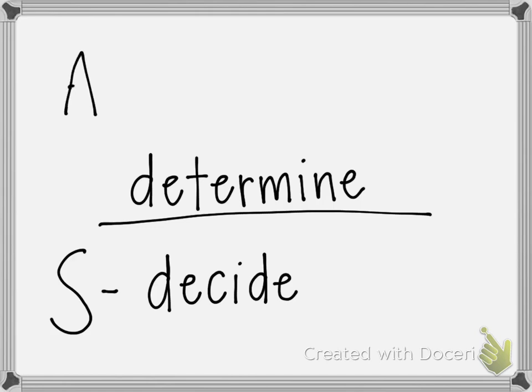So let's think of an antonym, a word with the opposite meaning of determine. An opposite meaning word, I would say, could be hesitate. Do you guys know what it means if you hesitate? Let me write it. Hesitate.